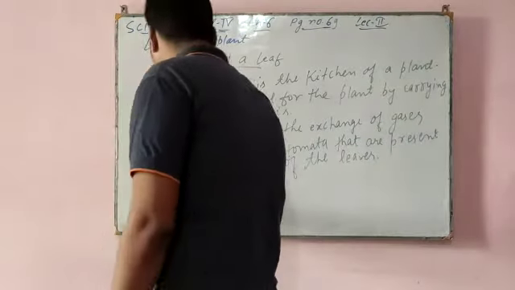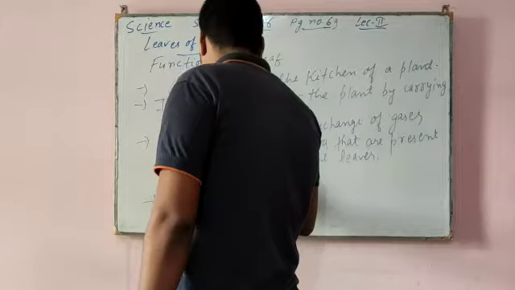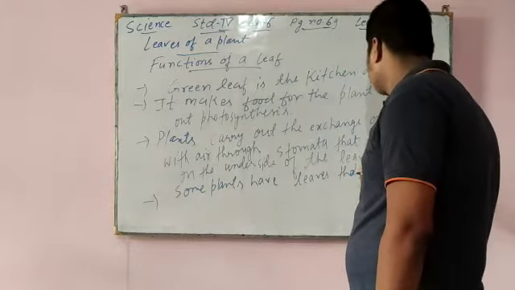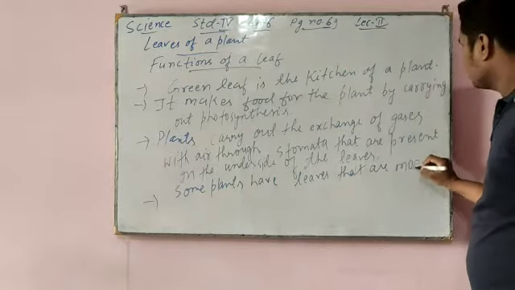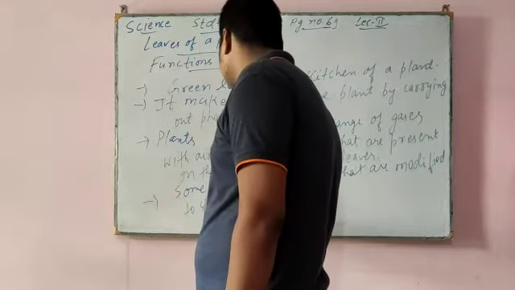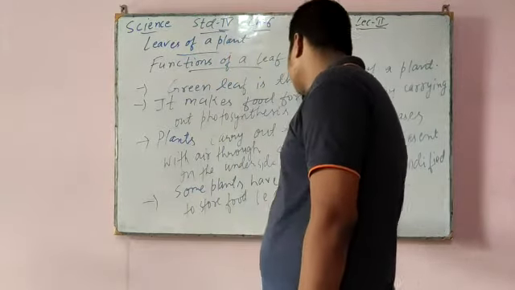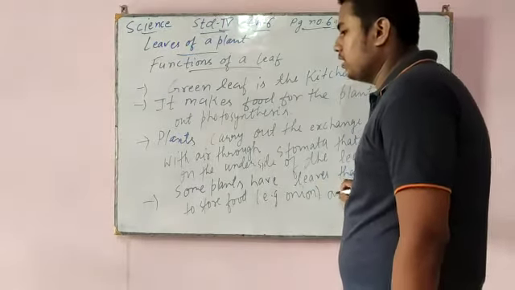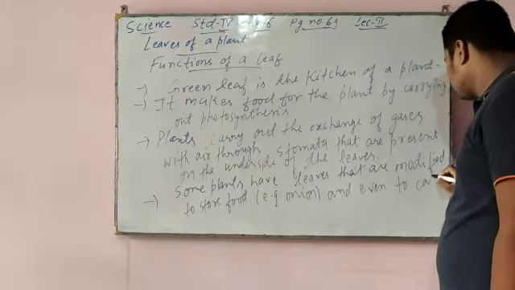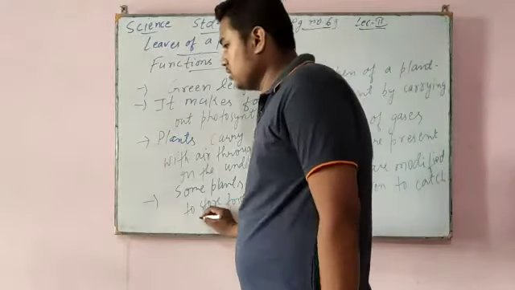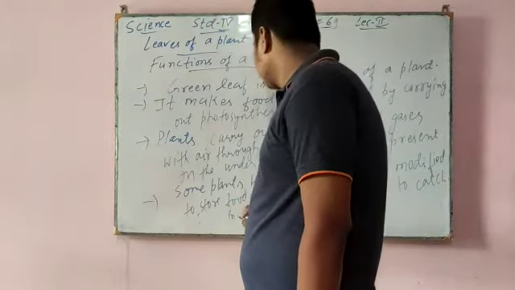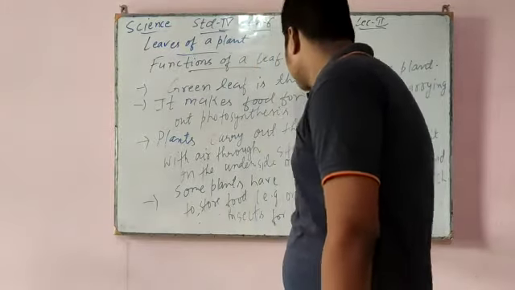Some plants have leaves that are modified to store food, for example onion, and even to catch insects for food.